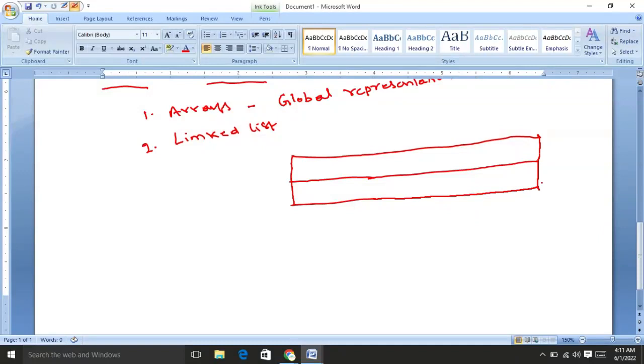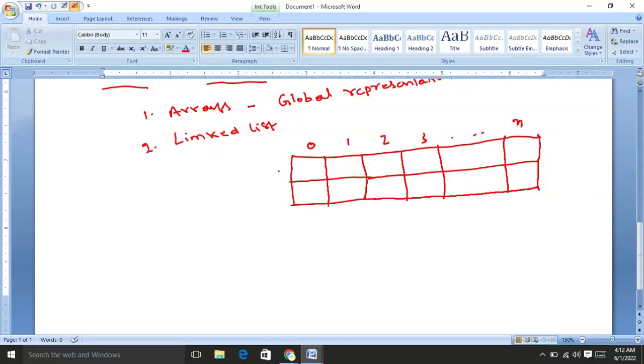Don't be confused. Here I consider a two-dimensional array, and this is the zero location. Each location has two parts, and this is the first location, and this is the second location, and so on. This is the third location, and so on. This is the nth location, like that.